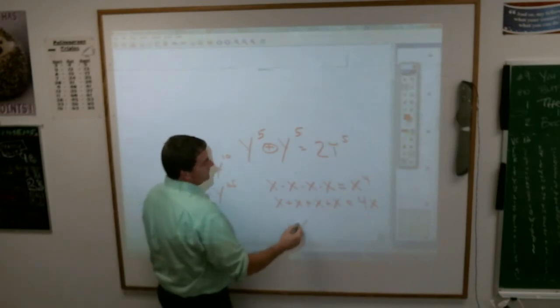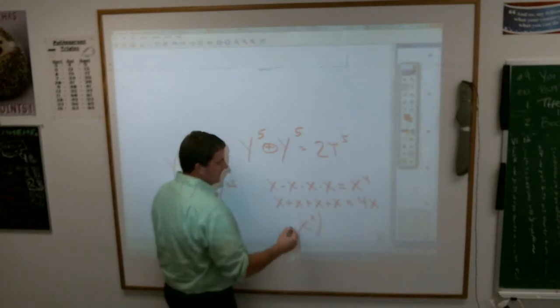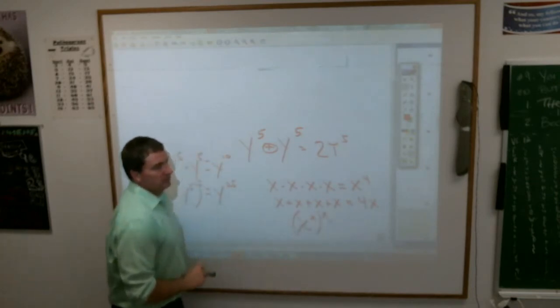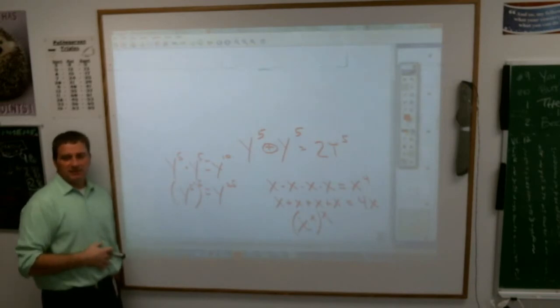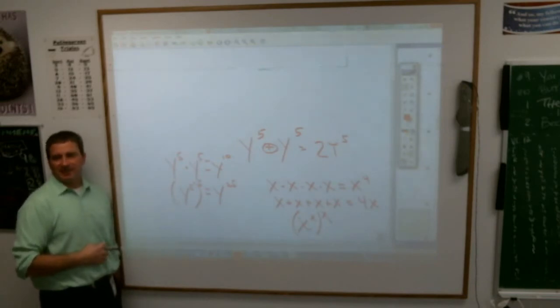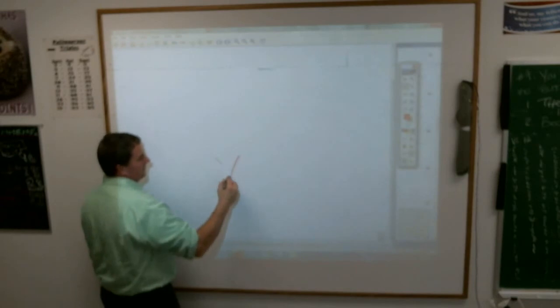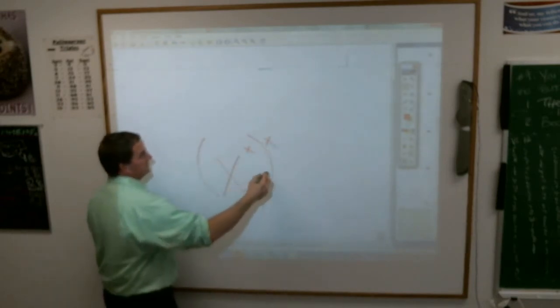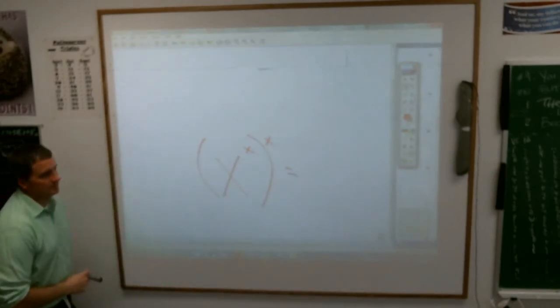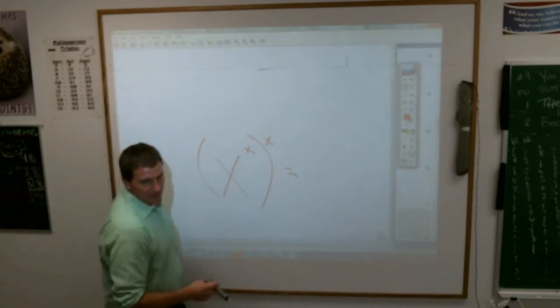And x to the x power times x, or x to the x to the x power. See if anybody can make a deductive leap on this. You'll never be asked this, but I'm just thinking it's fun. X to the x power to the x power would equal x to the x power?